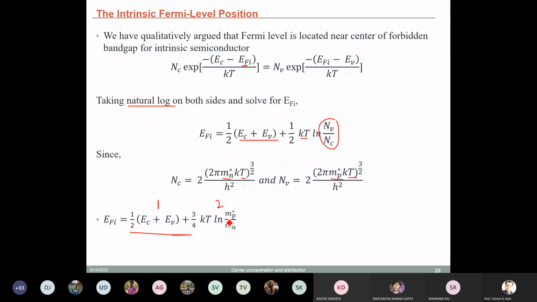Now, as in the previous slide, I have discussed that these masses are different for electrons and for holes, and they depend on the temperature as well.